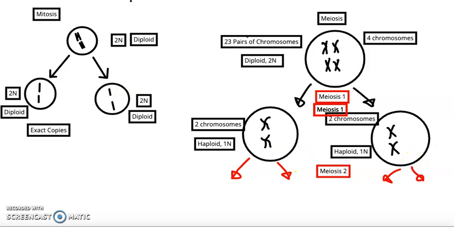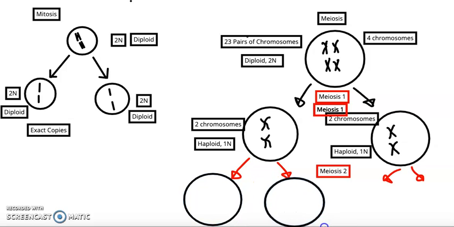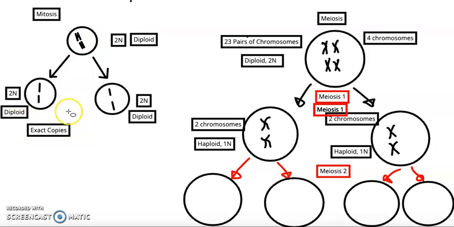So we end up with some daughter cells. Right? We end up with how many daughter cells though? We started with 1, and we're ending up with 4, right? And these 4, are they identical? Are they exact copies like over here in mitosis?